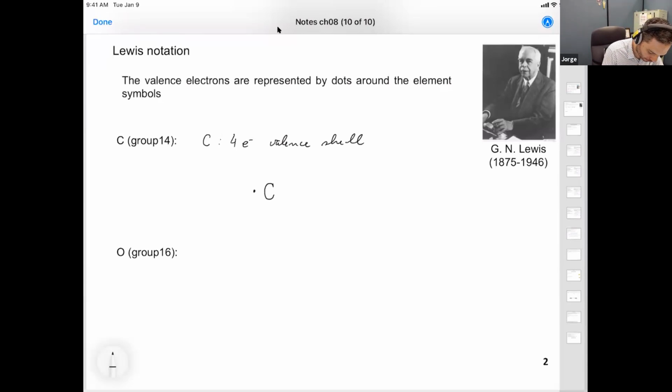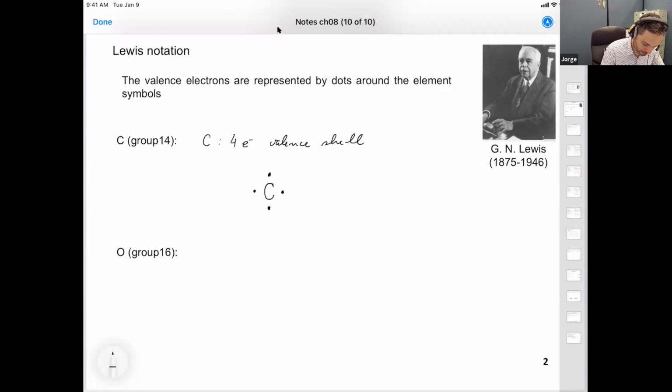You must have 1, 2, 3, and 4 dots around the carbon. This symbol shows you that we have 4 electrons in the valence shell for carbon. Of course, this is not a stable structure. We need to get 8 electrons in the valence shell, so carbon will combine with other elements to achieve that.